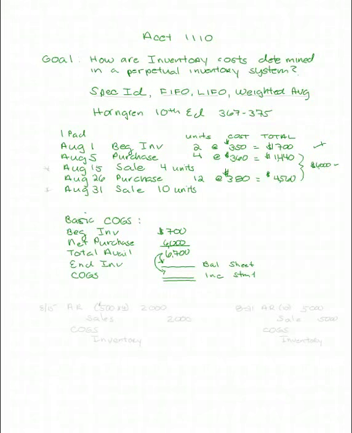You'll see me use this as we progress throughout this example. You can also see that we have 2 sales. There's one on August 15th, and it tells us in the book that we sold 4 units at $500 each on account. So it would be accounts receivable and sales, as you learned in our last chapter, dated August 15th.